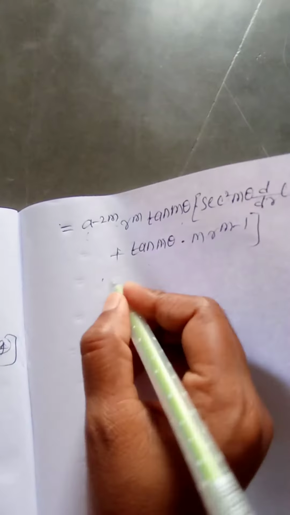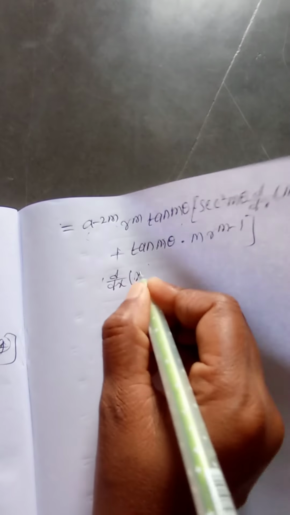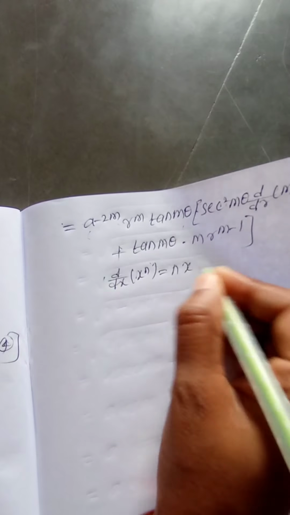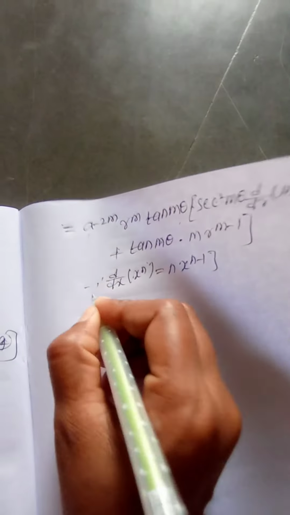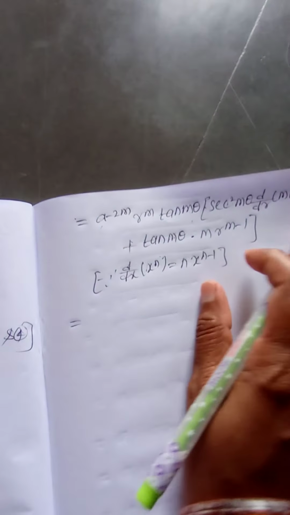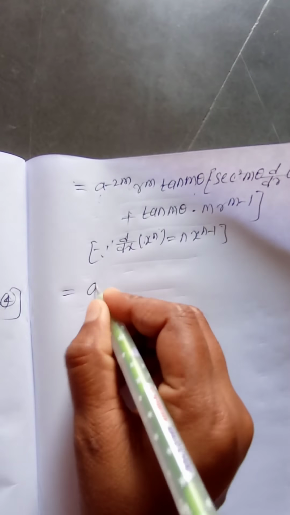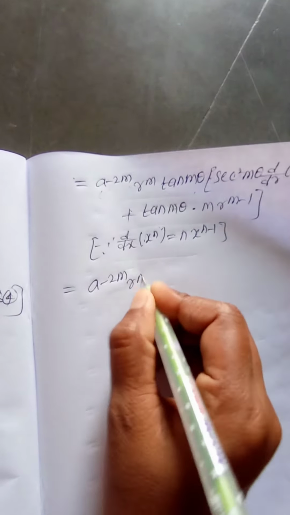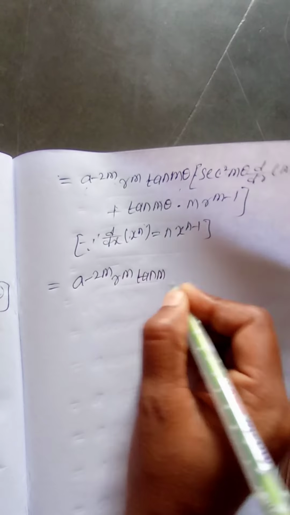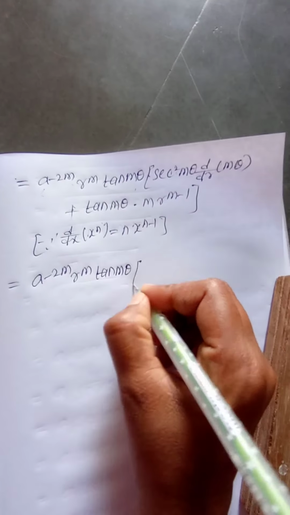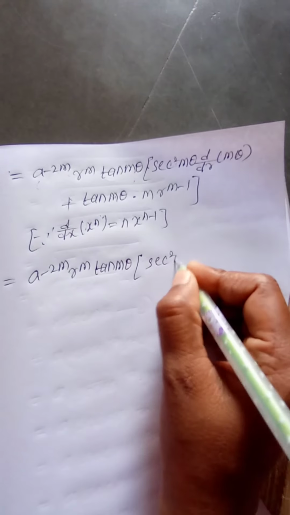So it is in the form of d by dx of x to the power of n, which is n x to the power of n minus 1, that equal to. So simplify this equation: a to the power of minus 2m, r to the power of m, tan m theta into secant square m theta.